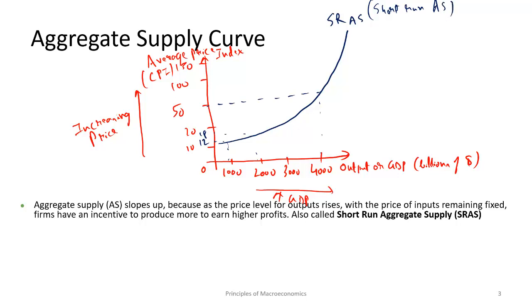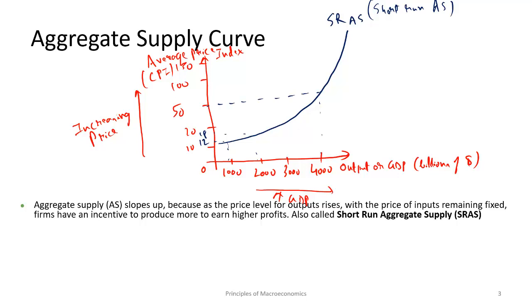Again, this is the total price, assuming input prices are fixed. What firms see is higher profitability. When prices go up, they are selling at a higher price, and if profit increases, you want to produce more. As a result, production increases, so total supply in the economy increases as the price level increases.